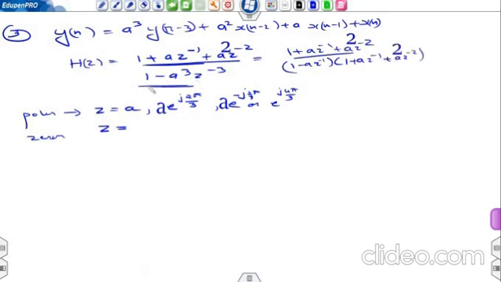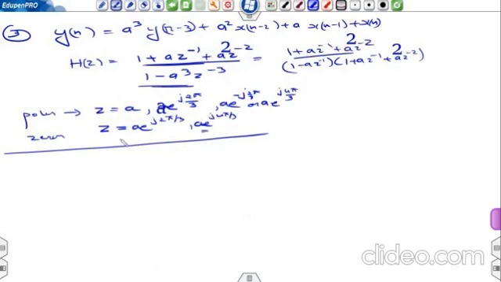This multiplied by this gives 1 minus a cube z minus 3. Okay, so these two are the same. So zeros will also be at the same location, that is e raised to power j 2 pi by 3 and e raised to power j 4 pi by 3. Okay, so to calculate the poles and zeros, you have to revise a little bit of control system and Z transform for this.